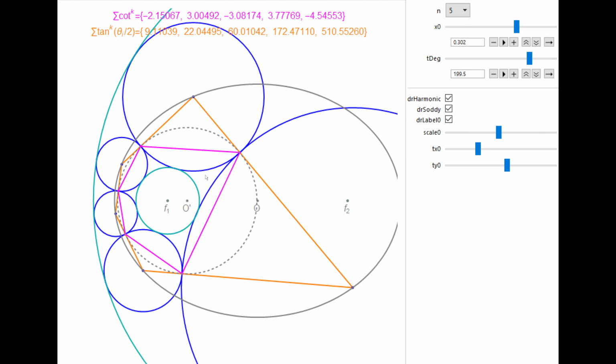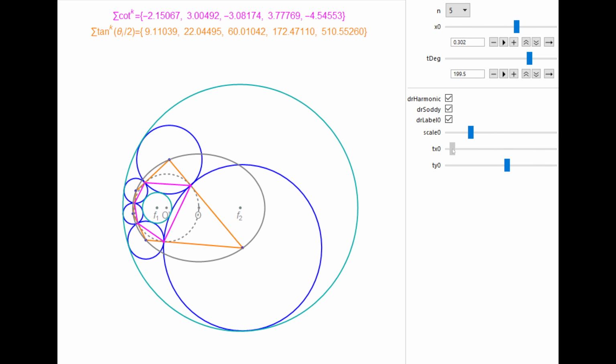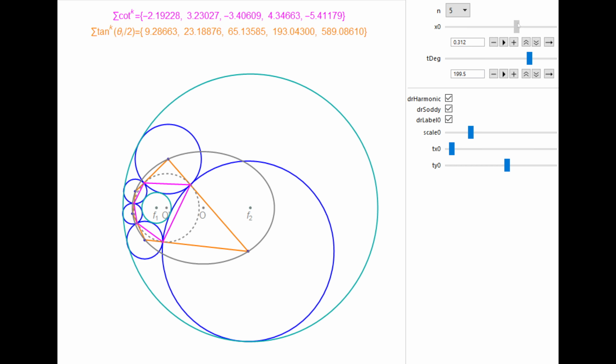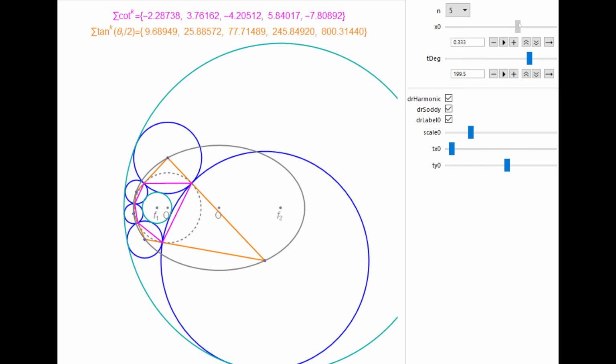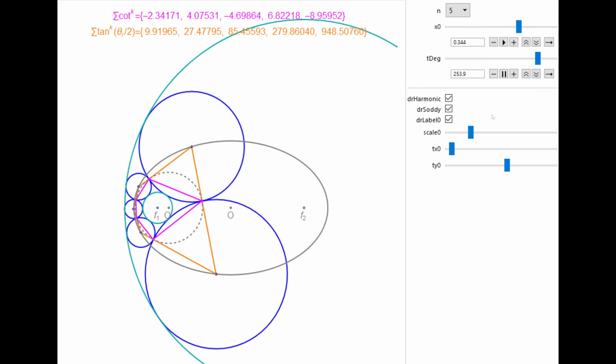I'm going to make the circumcenter of the harmonic polygon, or the center of the caustic of my Steiner-Soddy orange family, continue to be interior. Now you can see that as I do this, let's scale this down a bit, my outer Soddy circle is becoming bigger. So let's keep sliding O prime to the right, like that. My outer Soddy circle is becoming bigger, and everything continues to work.